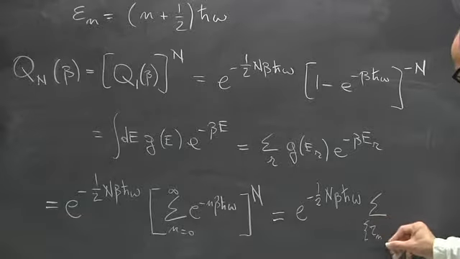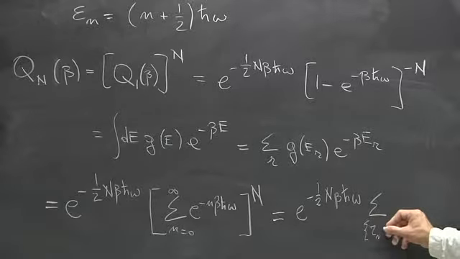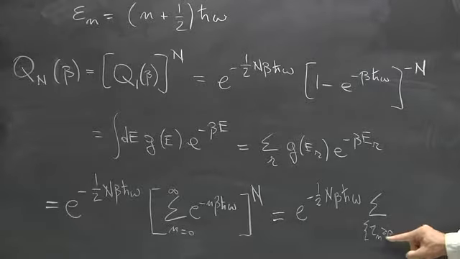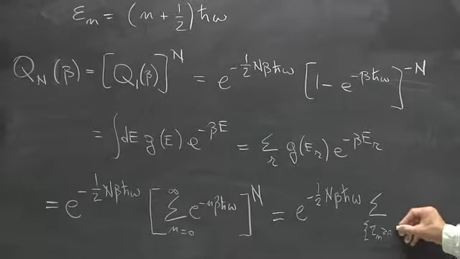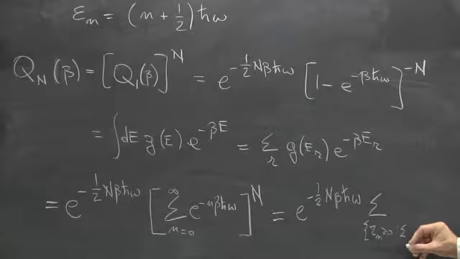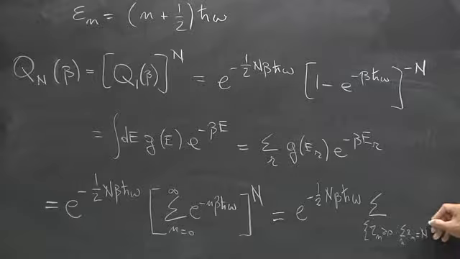And I have to sum over all these integers R_n larger than or equal to 0, such that the sum over n of R_n is equal to N, right?